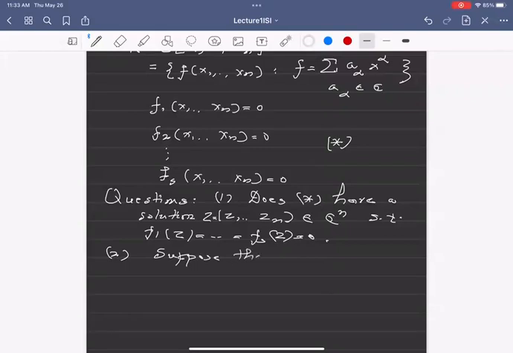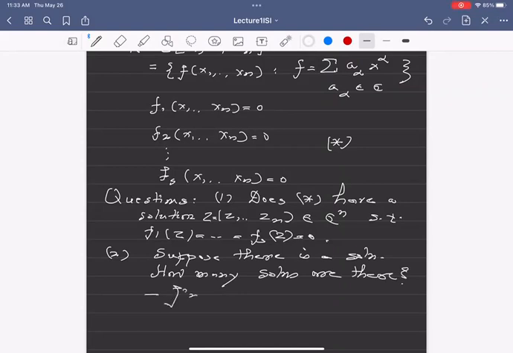Then how many solutions are there? In particular, are they finitely many? What is the condition for having finitely many solutions? Or infinitely many solutions?